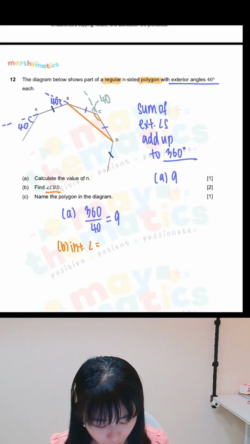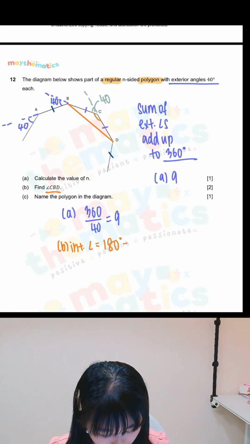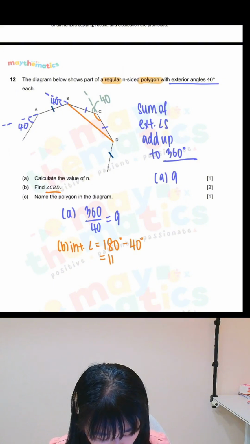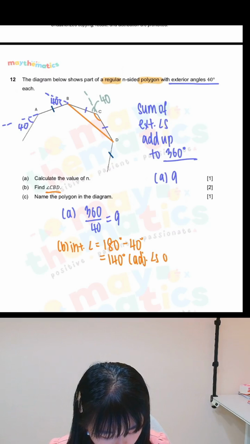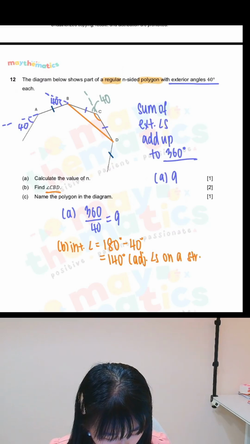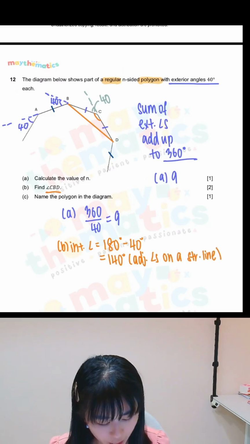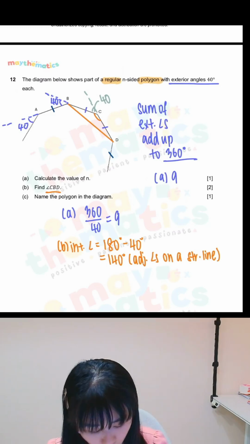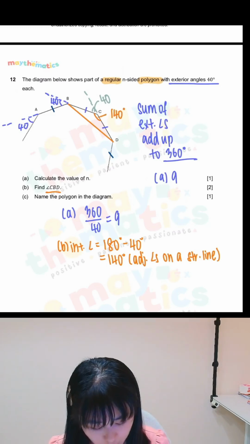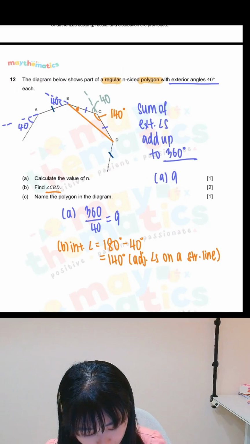Very good, 180 minus 40, which is 140. This is due to adjacent angles on a straight line. You don't need to write ADJ; you can write angles on a straight line. So it's 140.